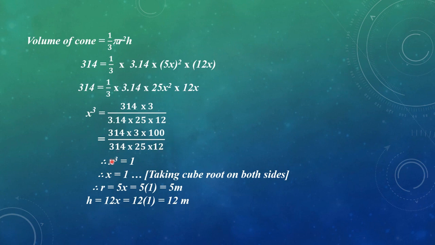We are getting x cube is equal to 1. Therefore, x is equal to 1, taking cube root on both sides. Therefore, r is equal to 5x, that is equal to 5 into 1, that is equal to 5 meter, and perpendicular height is 12x is equal to 12 multiplied by 1 is equal to 12 m.